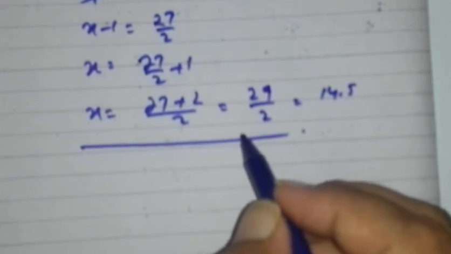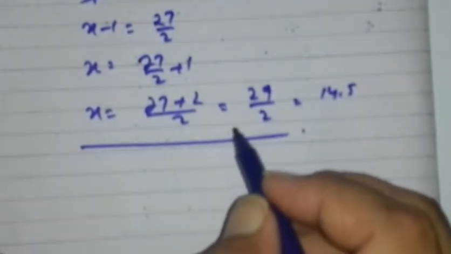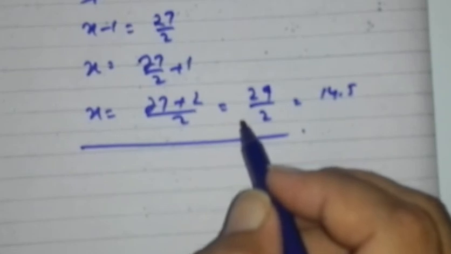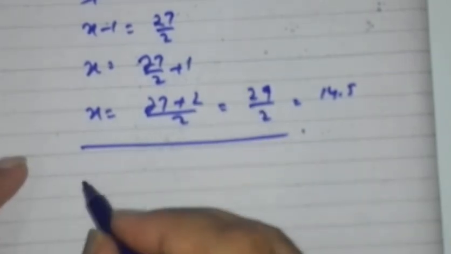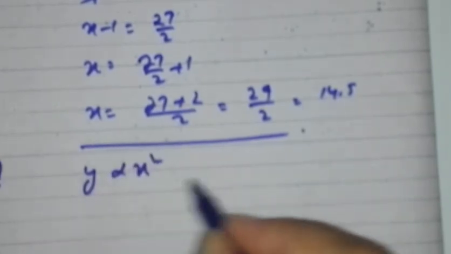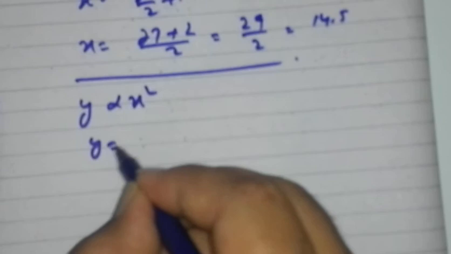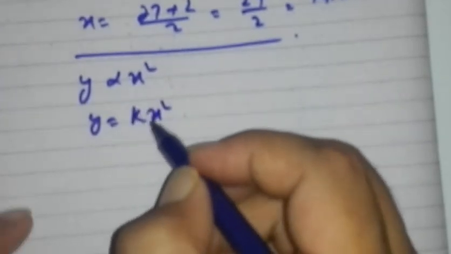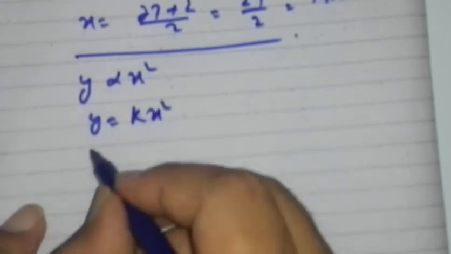Question number 5. There is a direct variation: y is proportional to x square. Or we can write it as y equals kx square. When x equals 7, y equals 49.